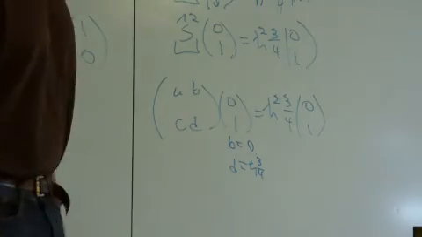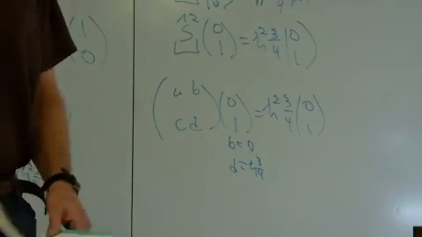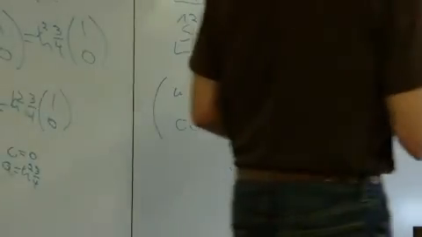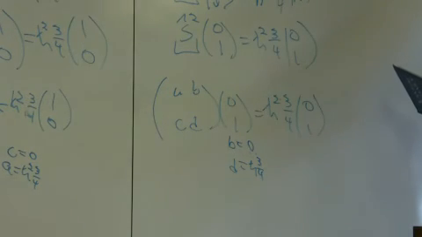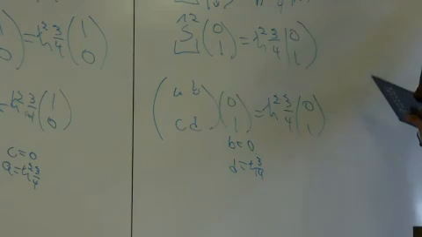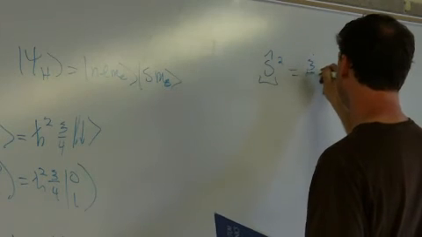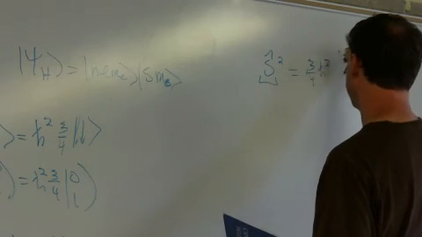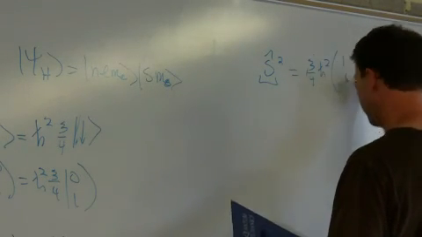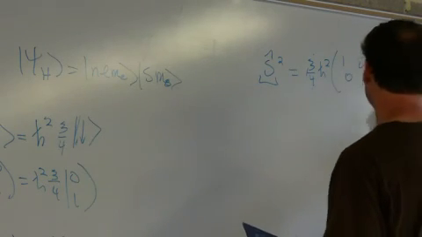All right, so what have I just done? If you replace A, B, C, D, check it out. Now my operator in matrix form for S squared: S squared equals 3/4 h bar squared times the matrix 1, 0, 0, 1.